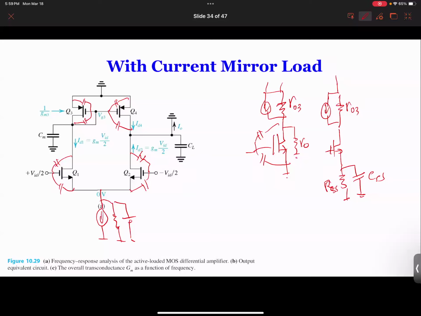So if you want to draw the equivalent circuit for this one, for example, you can draw the circuit here.